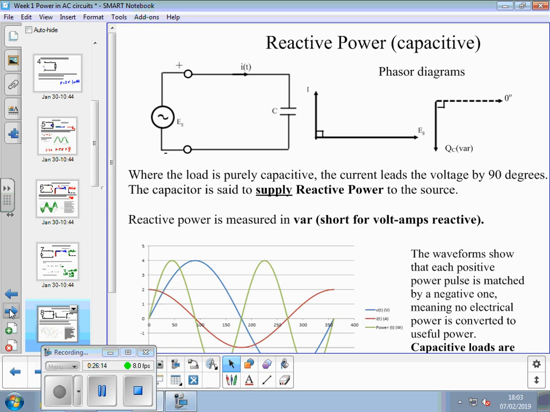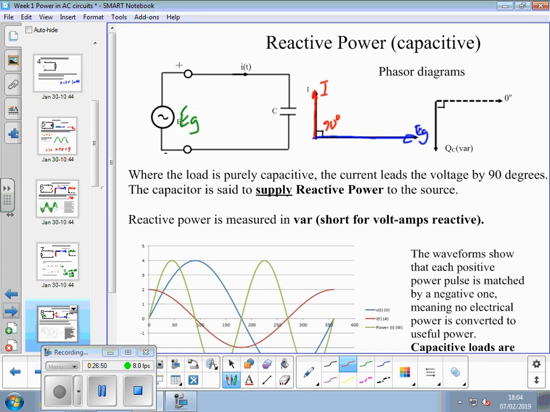We apply a generator voltage, e.g., and look at a current flow I at time t. This time we've got a phasor diagram where the voltage e.g. is in blue and the current in red this time leads the voltage by 90 degrees.